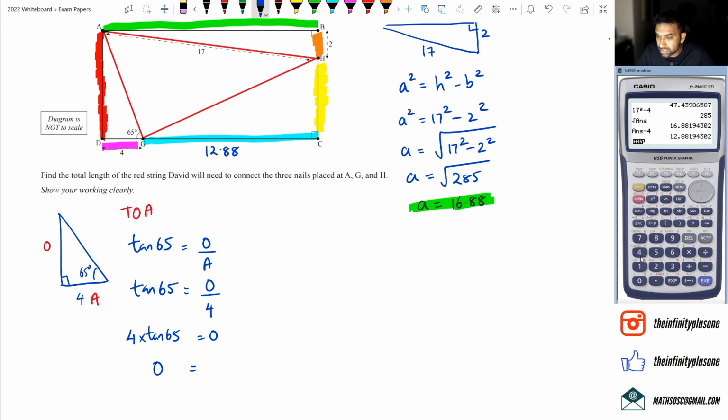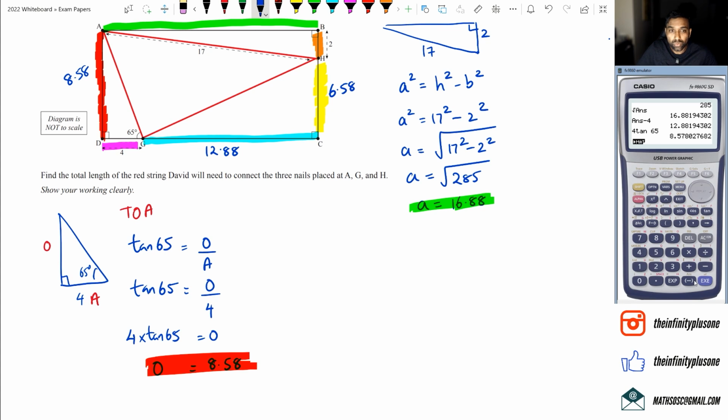So 4 times tan 65, that is going to be 8.58. Now this 8.58, guys, is the red length. And we've got to take away 2: 8.58 minus 2 is 6.58, and that is going to be the yellow part of it. So remember, to figure out the yellow, I've got to do the red line minus the orange line. All right, so once that's done, that's pretty much good to go.